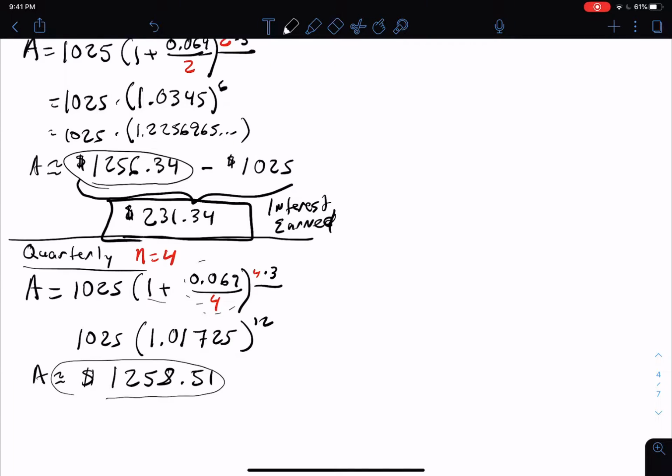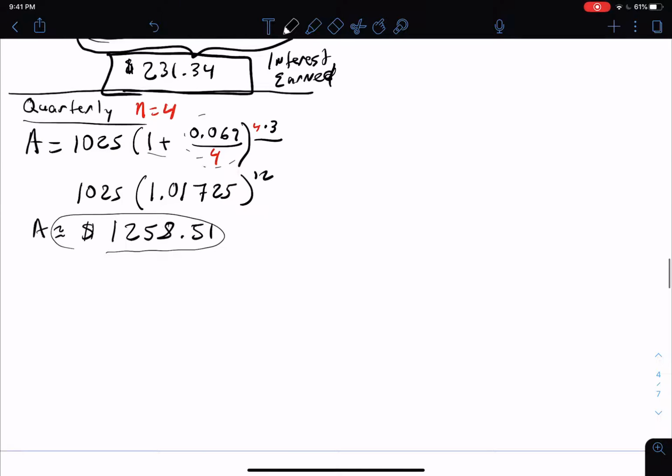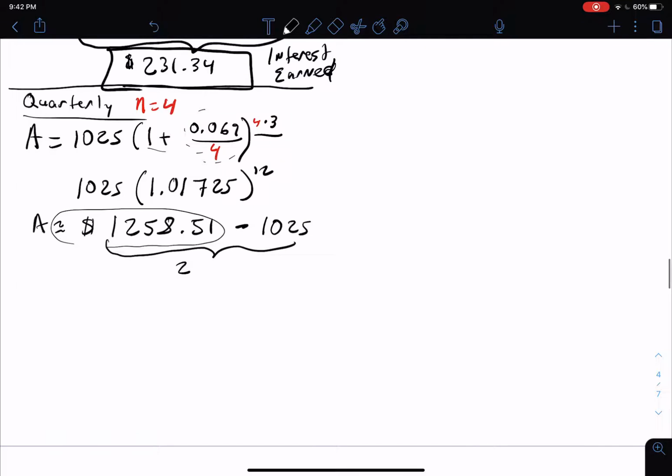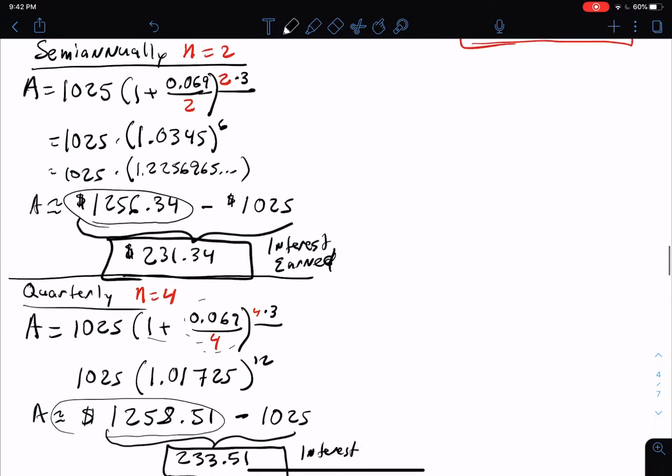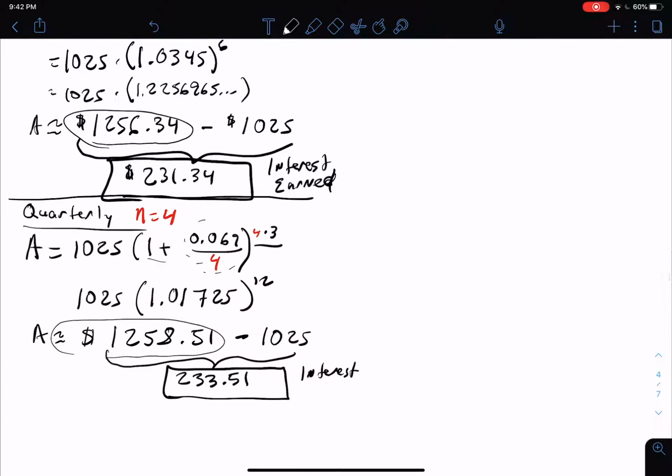They're asking for how much compound interest you gained. So we better subtract out what we started with, 1,025. Okay, so that is going to be quarterly. So this is going to be $233.51. And that's our interest.